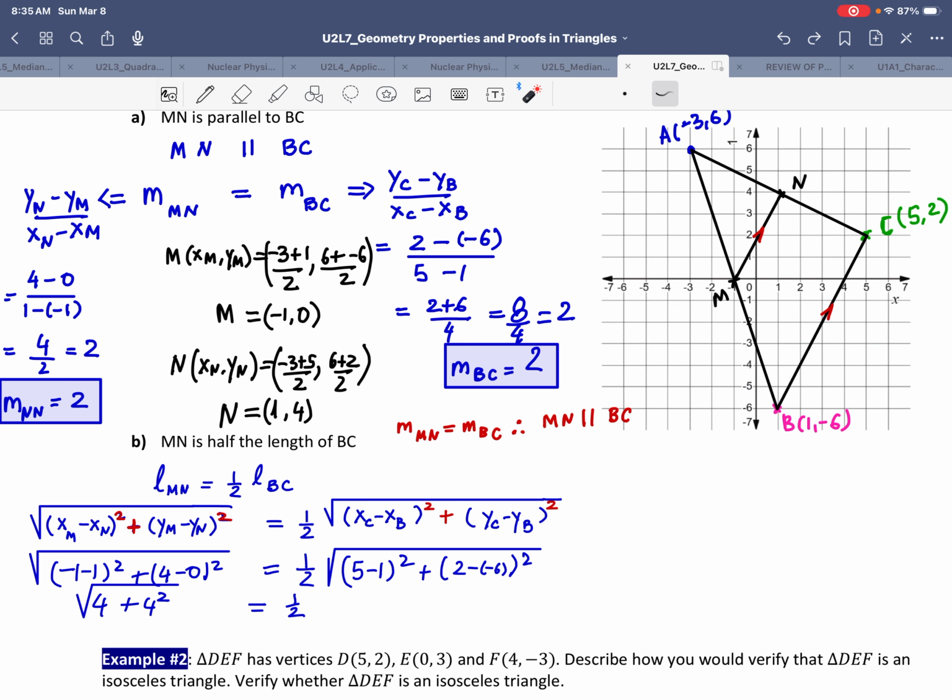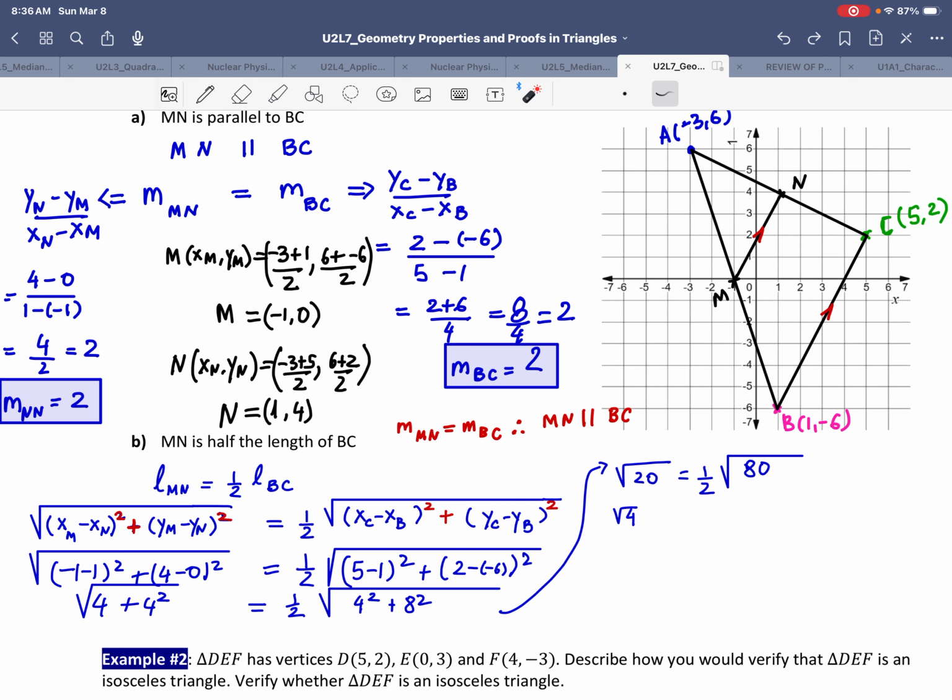On the other side, we have 1/2. 5 minus 1 will be 4 squared, and 2 minus -6 is 8 to the power of 2. So next, we are simplifying each side. Remember, don't take terms from one side to the other. We have 4 plus 16, the square root of 20, equals 1/2 of 16 plus 64 is 80, so square root of 80.